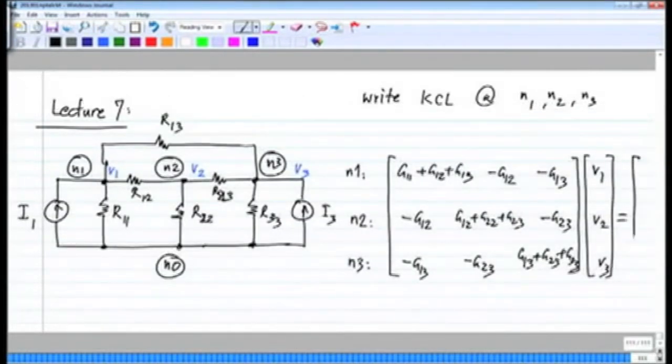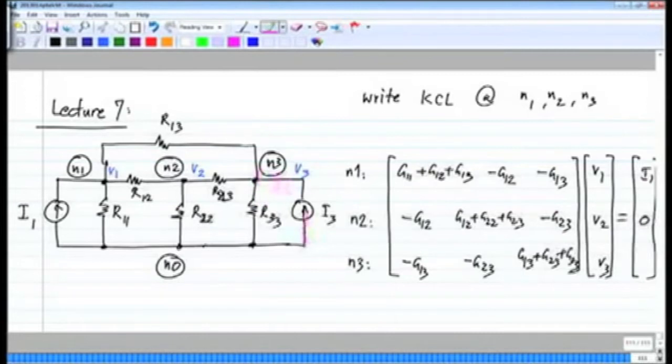On the right hand side we will have the current sources, and in the first one we will have the current source connected to node 1, in the direction that it pumps current into the node. It's basically the total current coming into node 1, that is plus I1, and no independent current source is connected to node 2, so this will be 0.